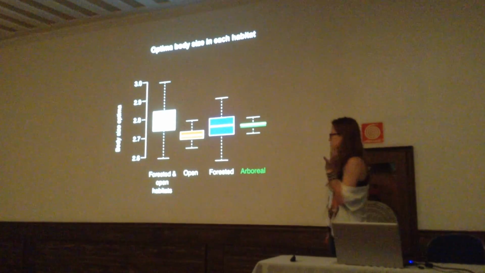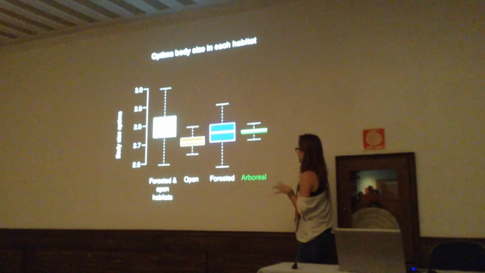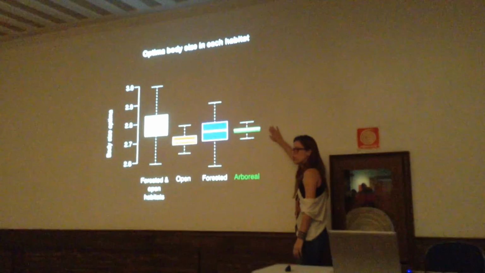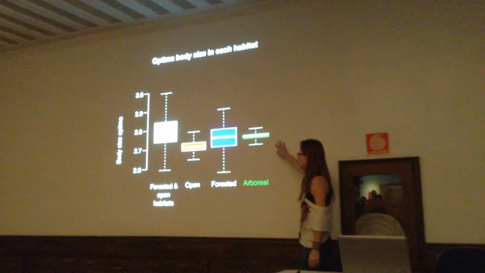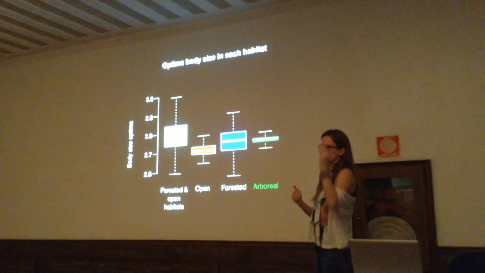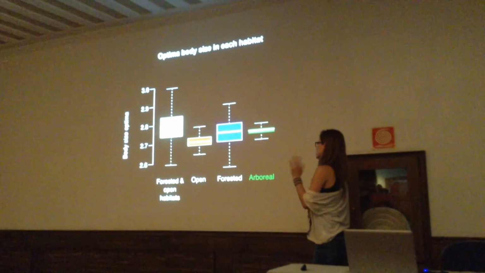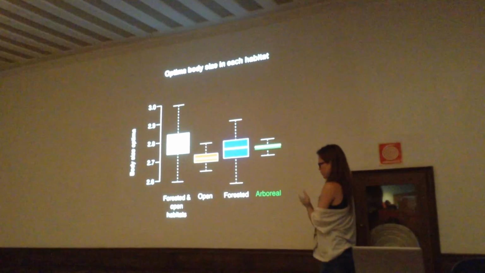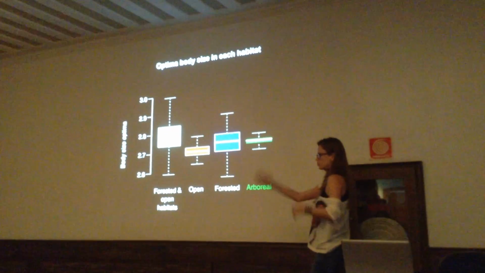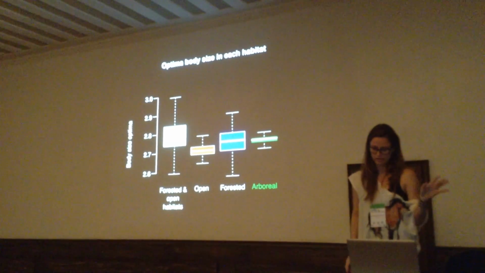So here are the body size optima estimated by OU, and we can see that body size optima are more confidently estimated for arboreal vipers. Snakes in restricted open habitats tend to evolve towards smaller body sizes, whereas the ones that occur in both habitats tend to evolve toward larger body sizes.